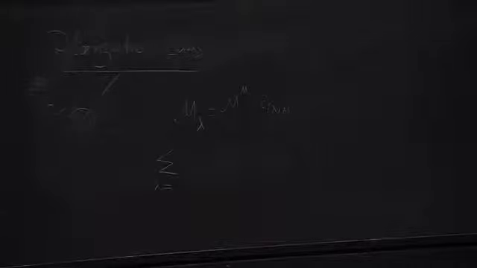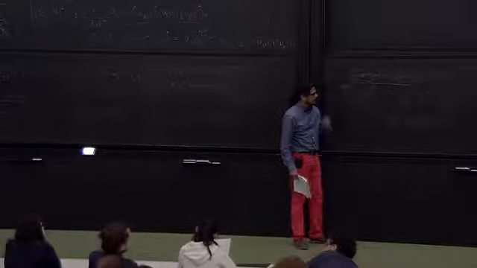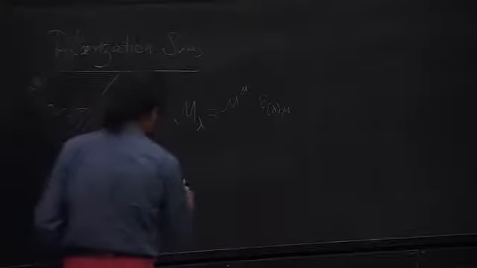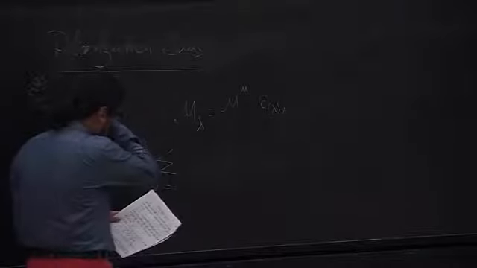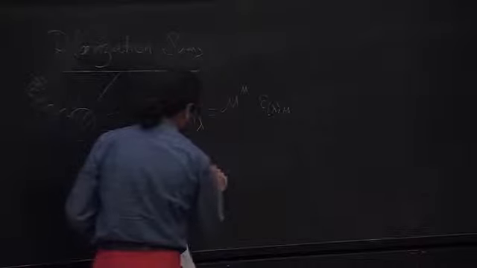Because physically, a photon is polarized only in its two physical states. It could be left circular, right circular, or something like that, or it could be perpendicular to each other. So you have to sum over the lambda.